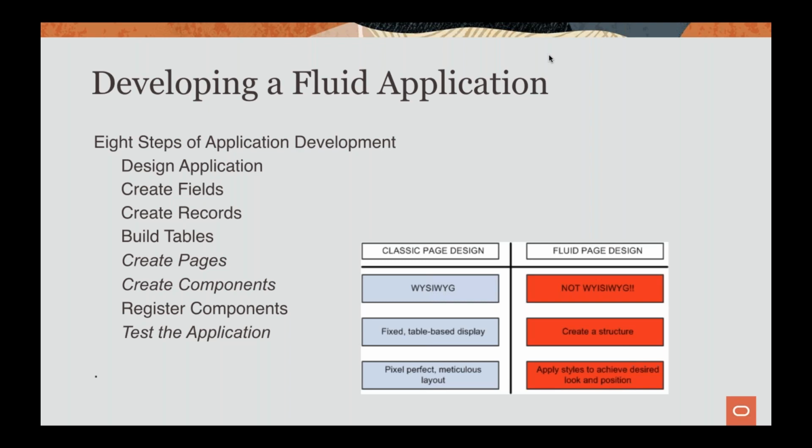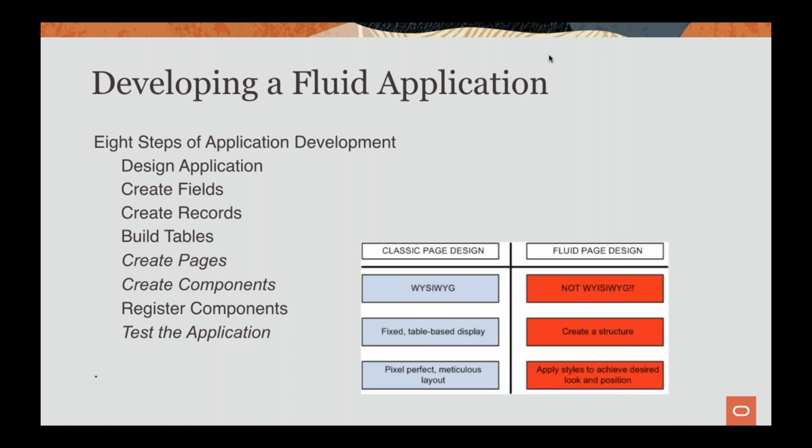Whereas fluid is not what you see is what you get. The reason behind that is because it's fluid and it moves. So depending on which browser you're looking at, whether it be a phone, tablet, or a laptop, it will potentially move, resize, and restructure these things. So there are cautions that you need to look at.